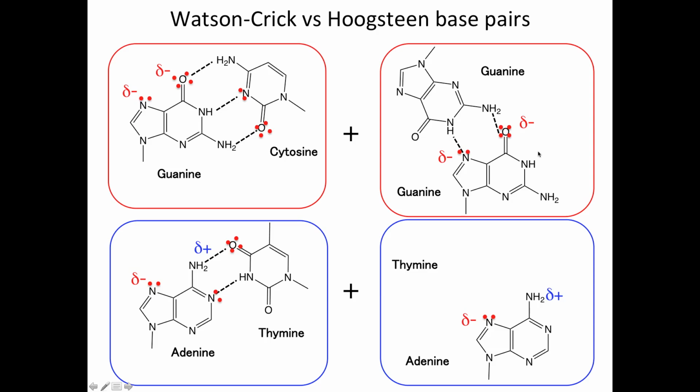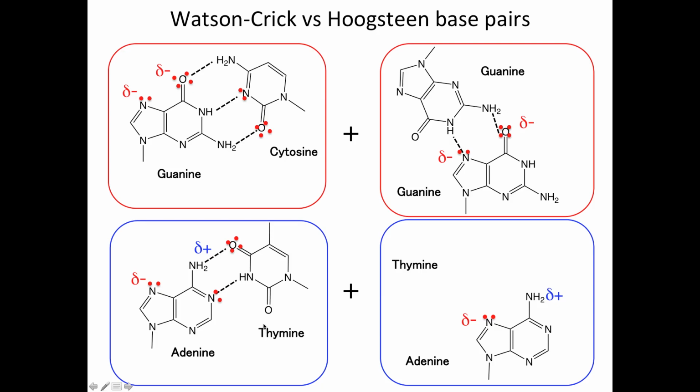Usually this side of guanine binds to cytosine, but this other side binds to another base, because the N and O atoms have a lone pair. It means that these atoms can bind to hydrogen by hydrogen bonding, so guanine can bind to guanine.